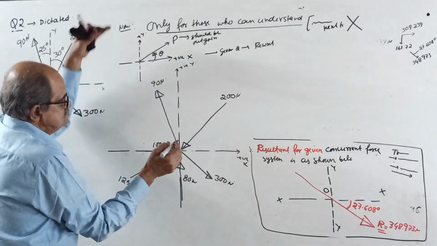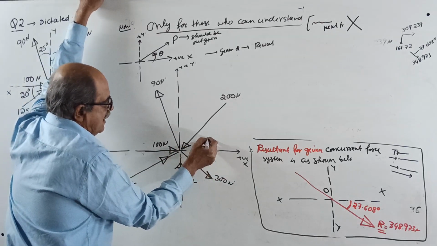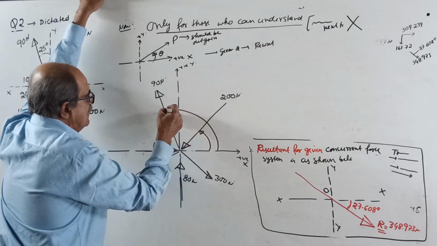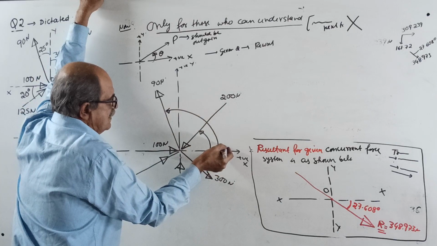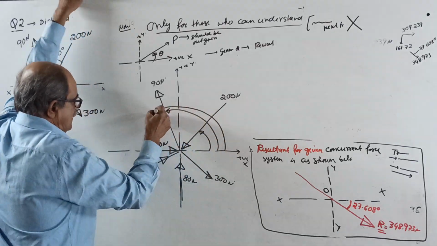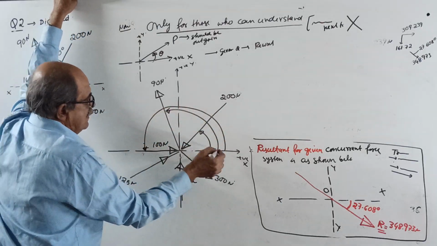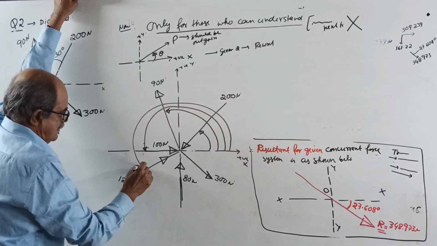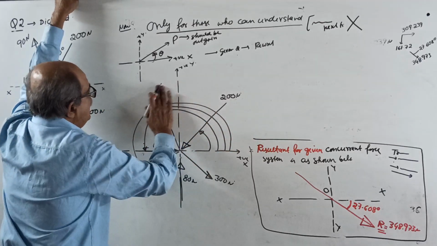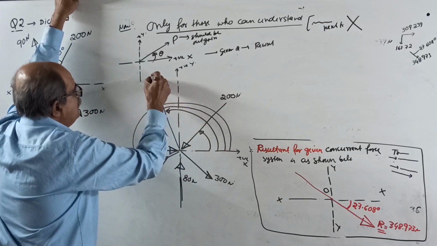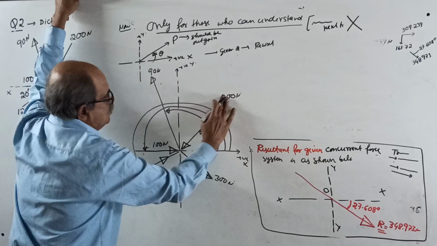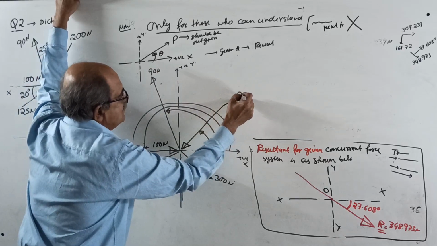Okay, now mark the angle this way. Oh, still 90. Go that side. I want more space. I will tell 90. You go that side. Why? I want more space. 200 also, go that side. Space problem. Okay.